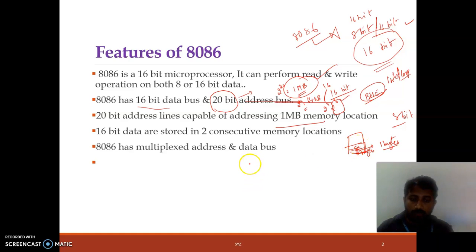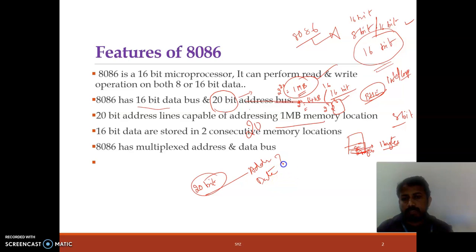One more important feature is that this 20-bit address bus is multiplexed. Meaning, the same bus is used at one time for sending the address and at other times for sending the data.